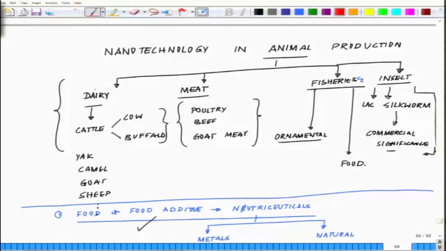in the dairy sector, for milk from the cows and buffaloes, camel, goat and sheep. In order to feed, you need to increase the milk production.